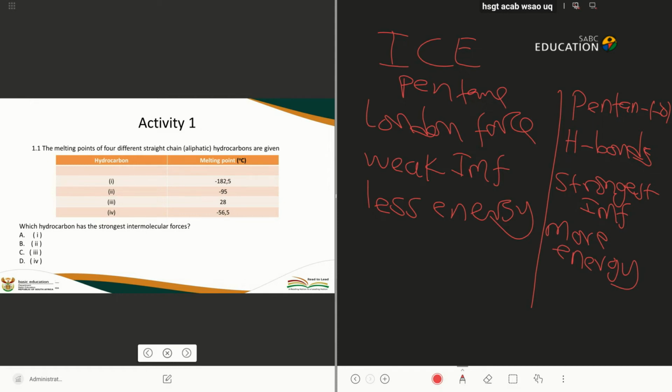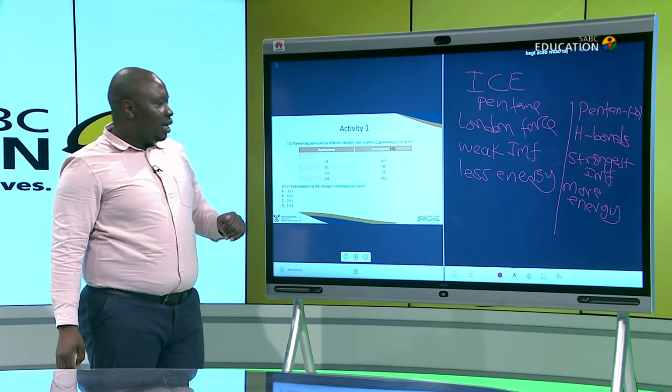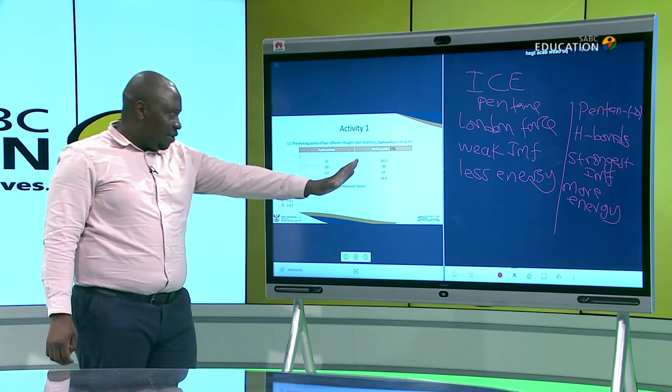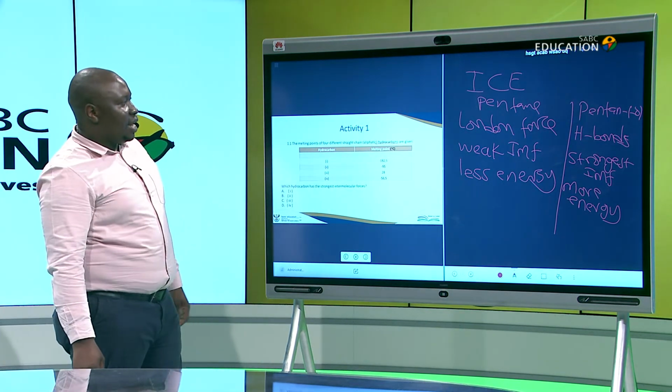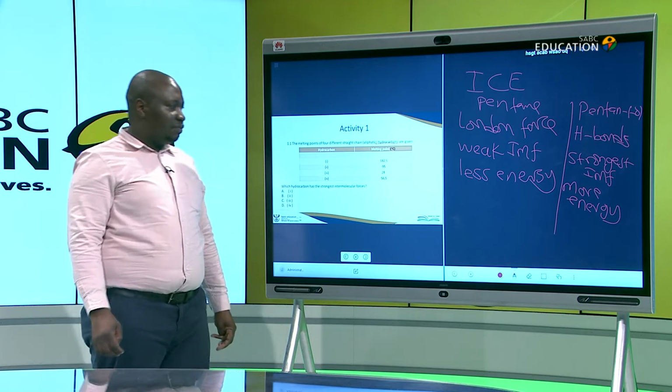Now, that is an activity. This activity, if you look at it, they're saying the melting points of 4 different straight chains. So these are hydrocarbons, all of them. They're telling you that those are hydrocarbons. So that is the first thing. You must be able to read the question and understand it. Their melting points are given: minus 182.5, minus 95, 28, and minus 56.5.